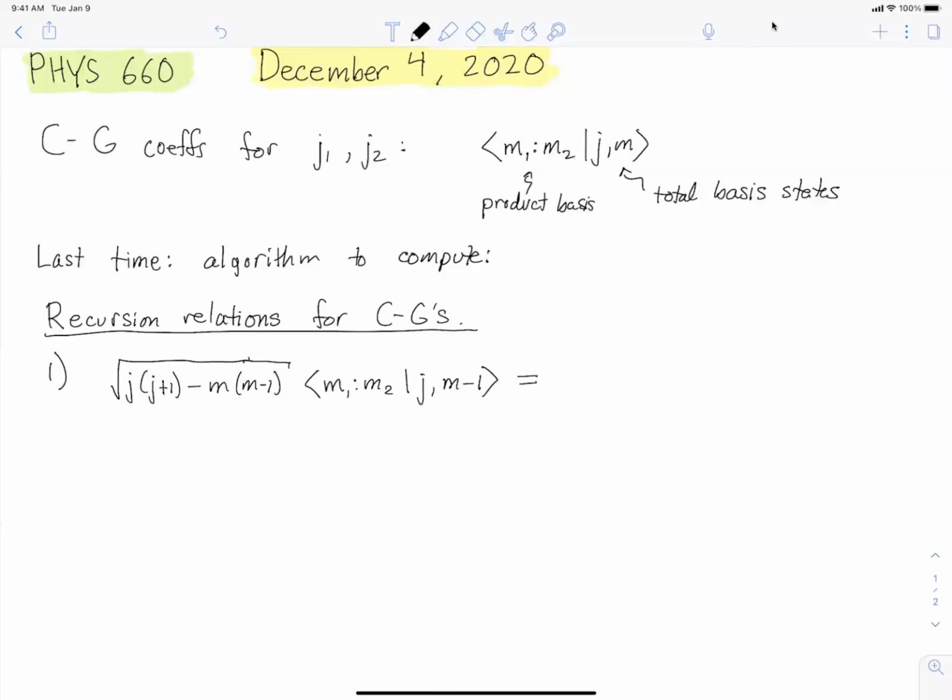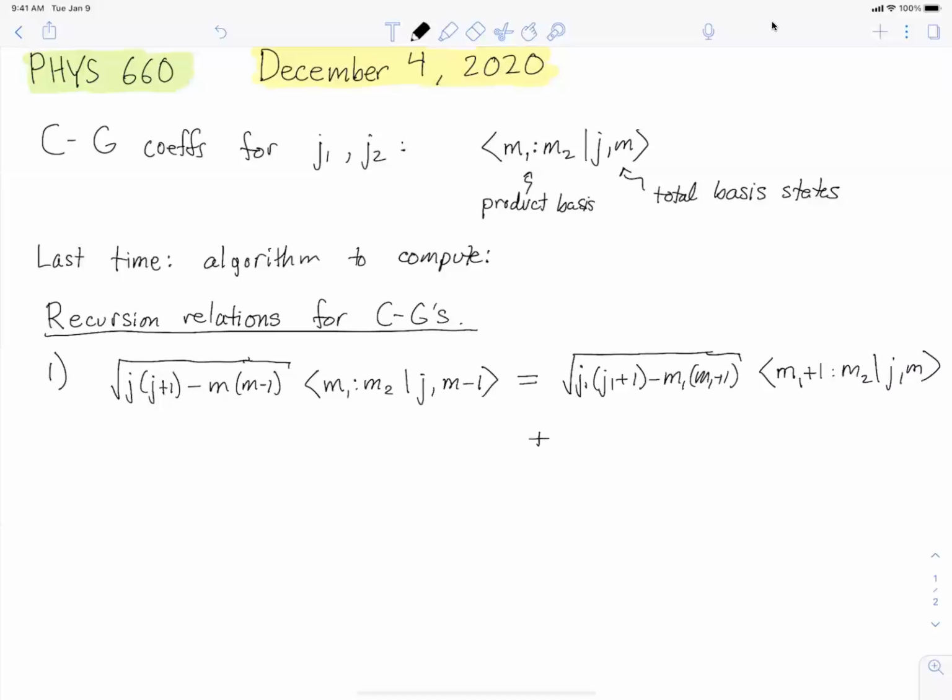That can be written as a sum of two terms, both involving square roots. One of them looks like this, where now I multiply by a different Clebsch-Gordan coefficient, which has m1 increased by 1 and everything else the same.